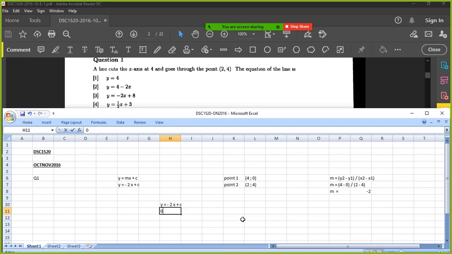So 0 equals minus 2 times 4 plus c. Here you've got 0 equals minus 8 plus c, so 8 equals c. Does it make sense? Yeah. So the final answer would be option 3.